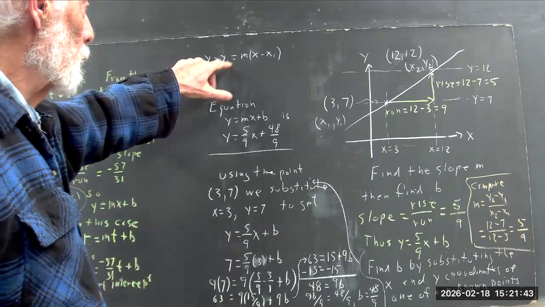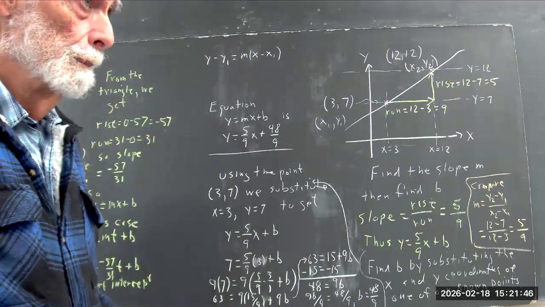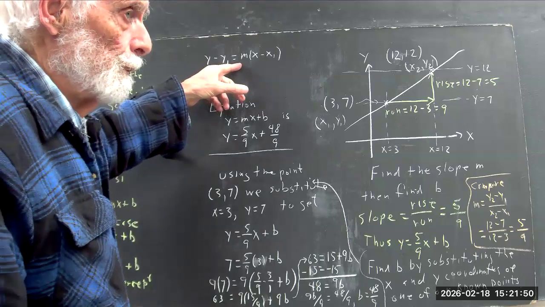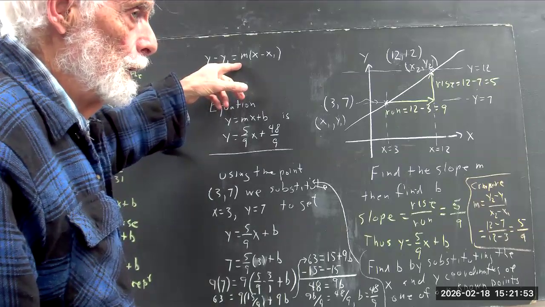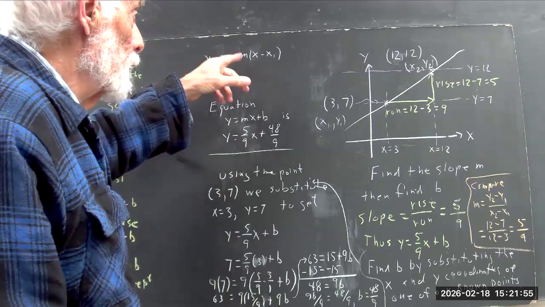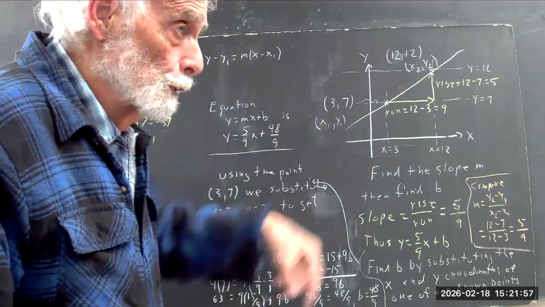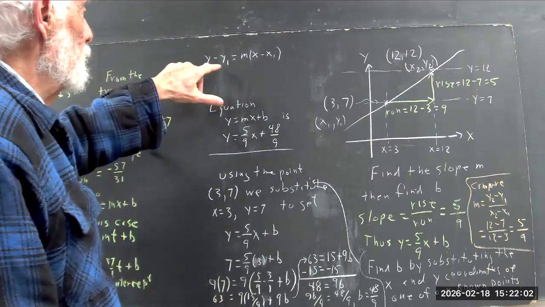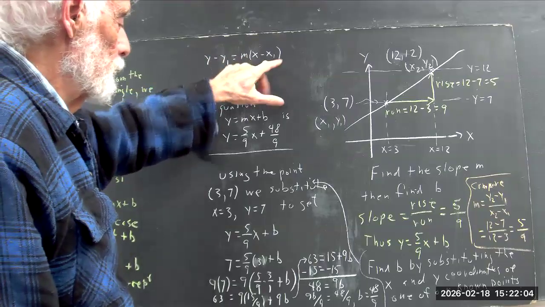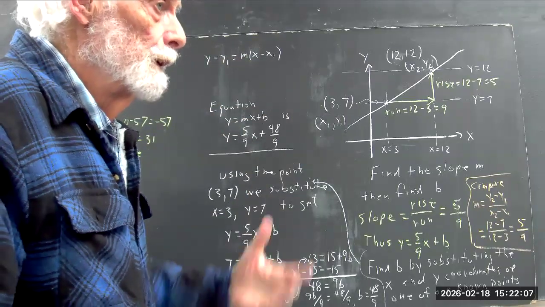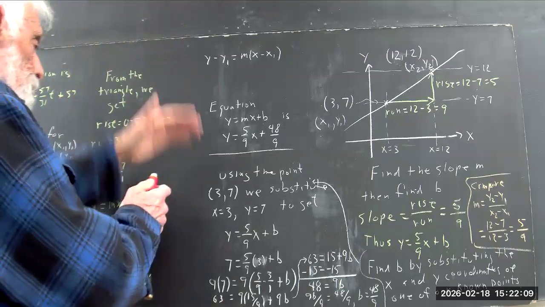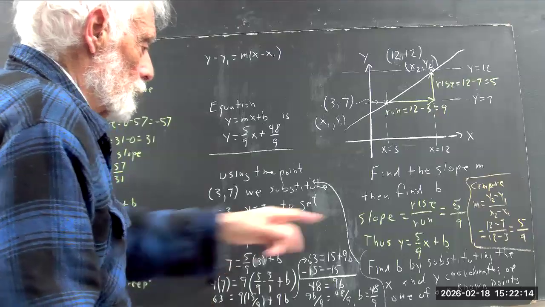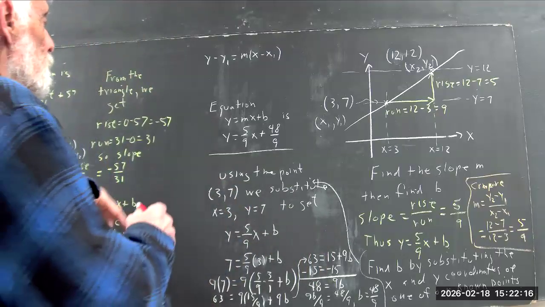Now there's a formula you can use for the equation. It's y minus y1 equals m times x minus x1. And of course, m is your slope. Now I recommend calculating m separately. So if you first calculate m using the rise and the run and plug it into the equation, then you just need to substitute for y1 and x1, and everything works out just the way it did when we went through the process just now.